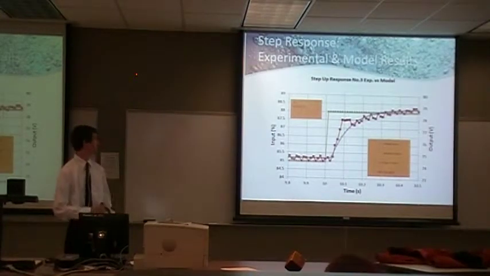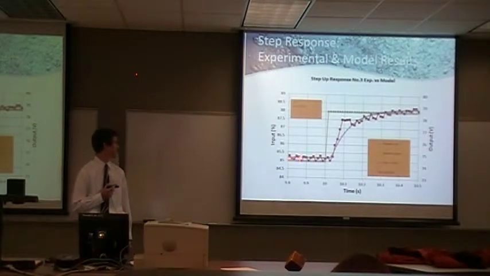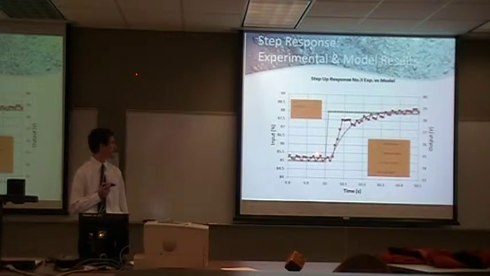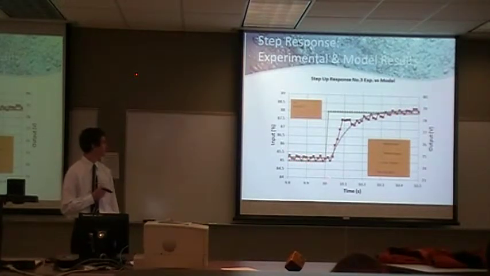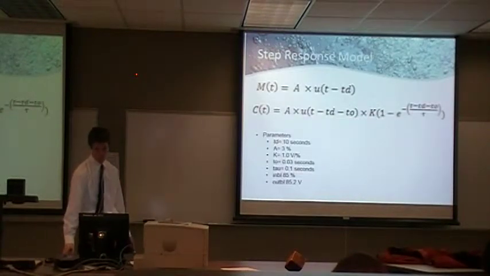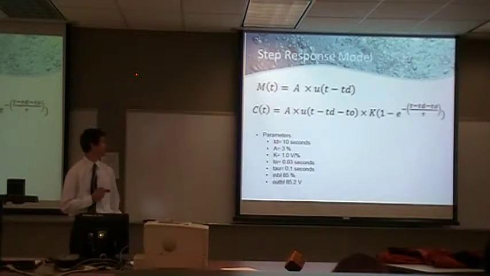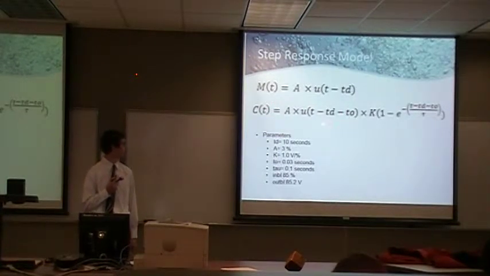This is the model results for our step response. You can see we have the purple line here to try to match our experimental data in the red. And these were the equations used to model the step response.